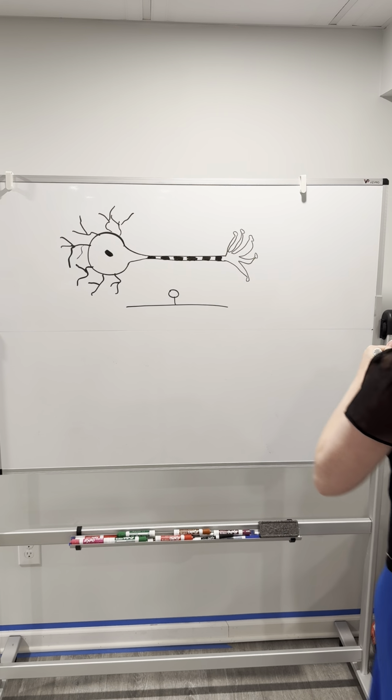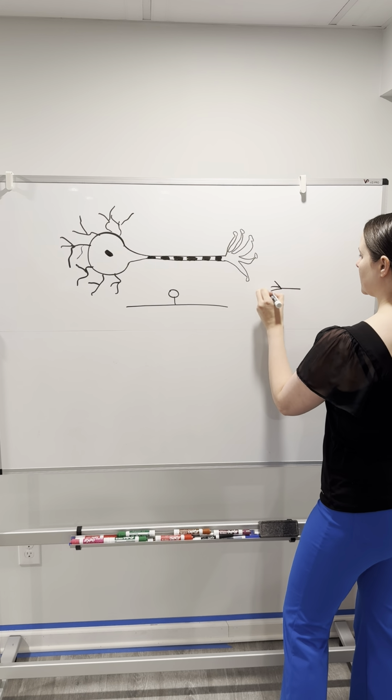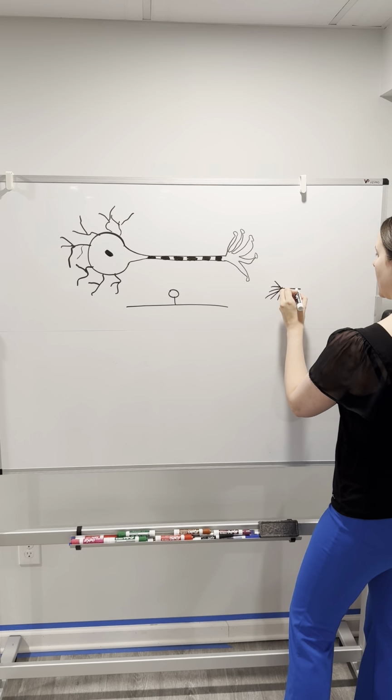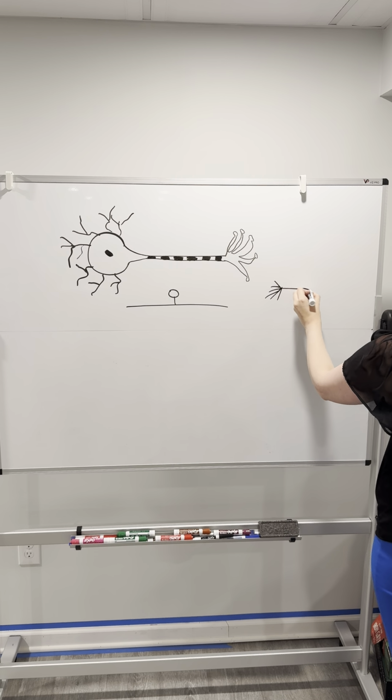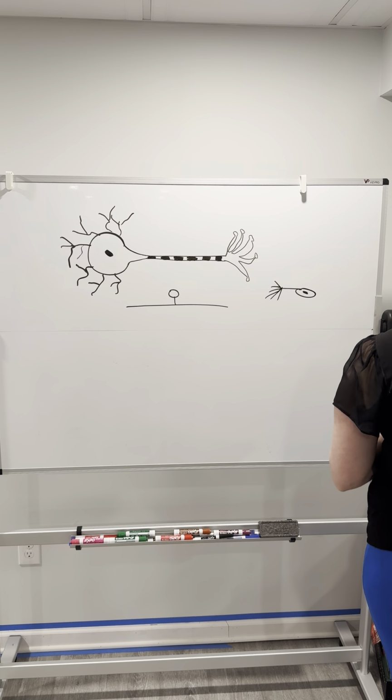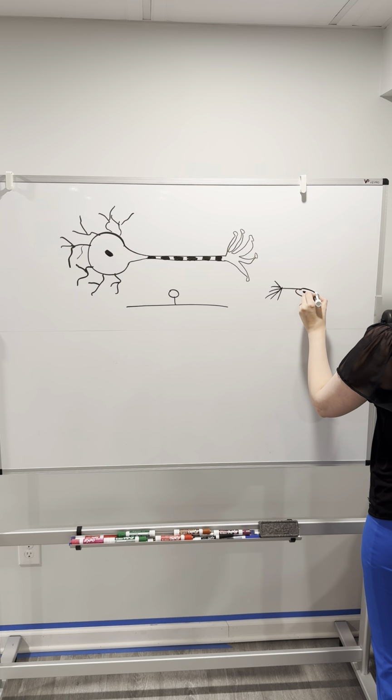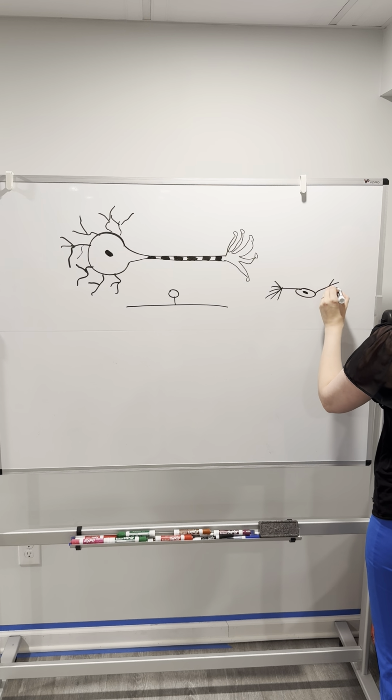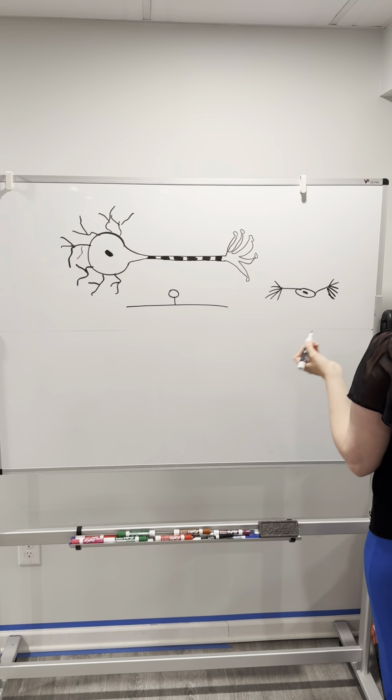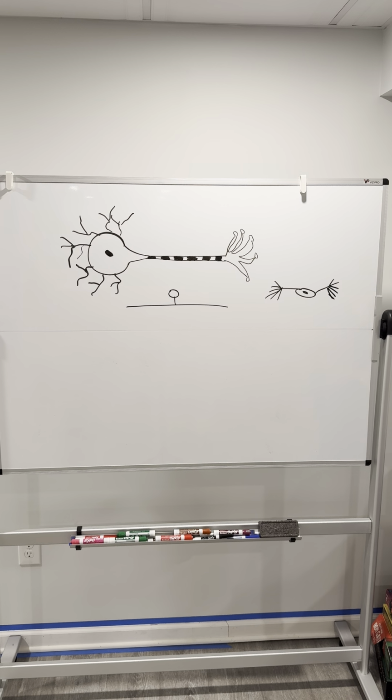In bipolar, you'd have one side that has dendrites coming off, then in the middle your cell body with your nucleus, and on the other side your axon terminals coming off. So it looks something like that. These ones are very rare. They're only found in special sensory organs, like in the olfactory mucosae and in the eye and ear.